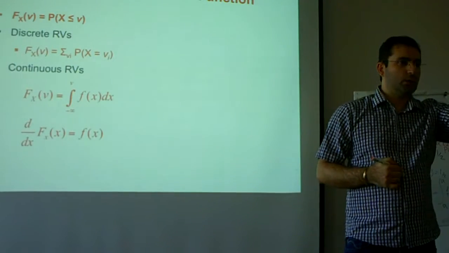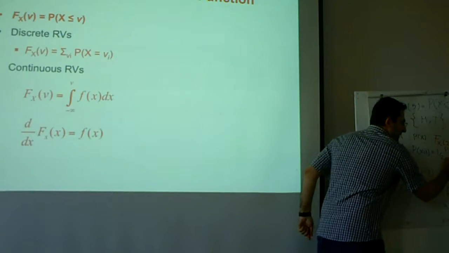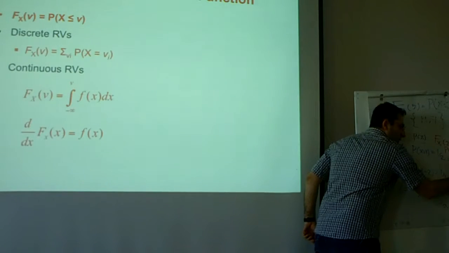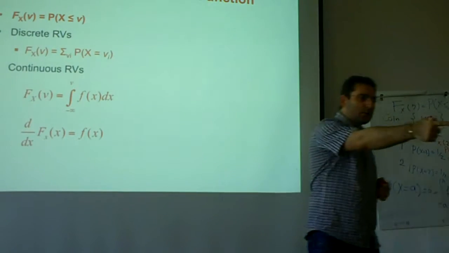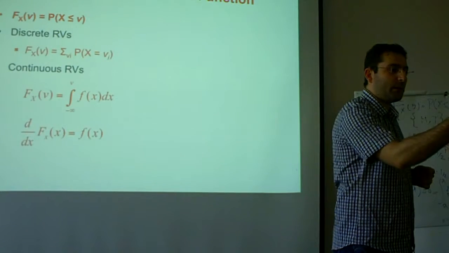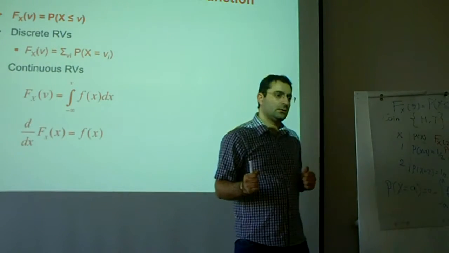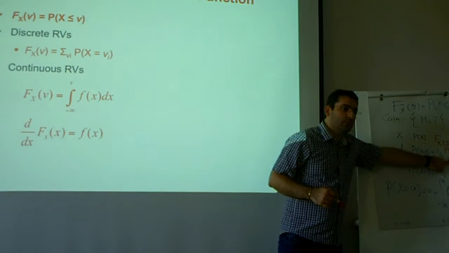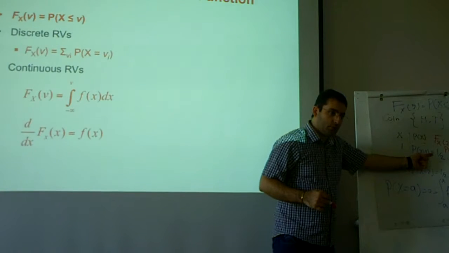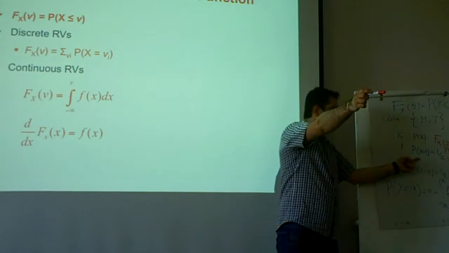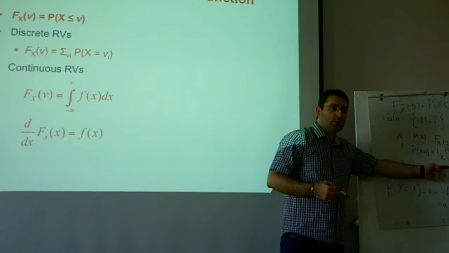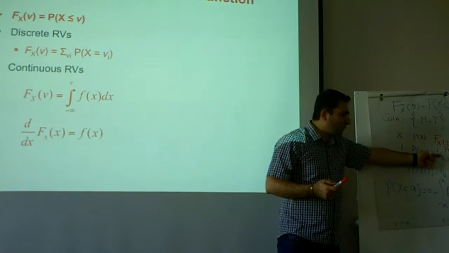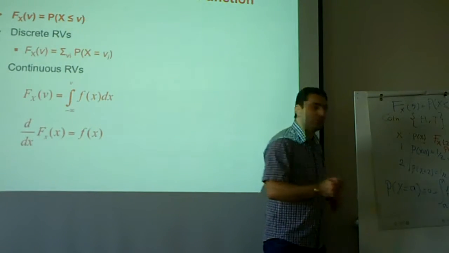It can be 1 or 2. So it is equal to the probability of x equals 1 plus the probability of x equals 2. What is the probability of x equals 1? 1 over 2. What is the probability of x equals 2? 0.5. So 0.5 plus 0.5 is 1.